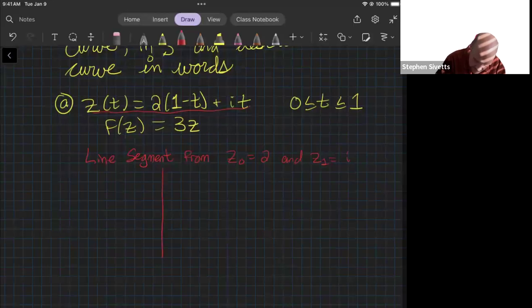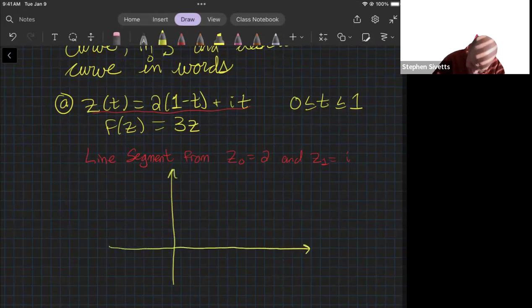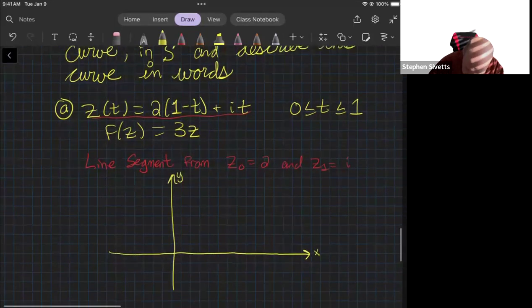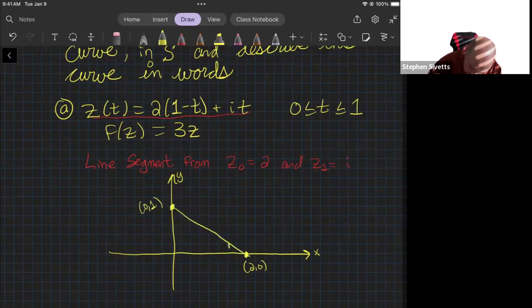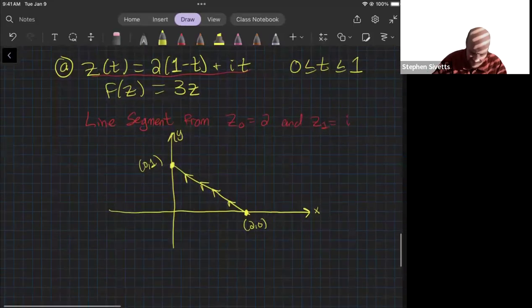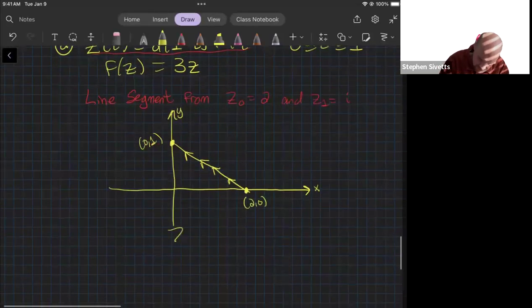So this image in S, let me actually do it in yellow here, would be a line segment going from (2, 0) on up to (0, 1), right? Going in this direction. All right. And so this is the z plane.